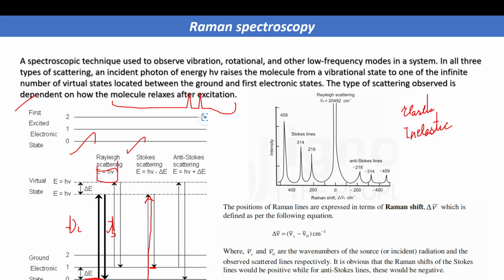Here the energy is equal to h mu minus delta E. Another type is anti-Stokes scattering, where a molecule goes to the excited state and relaxes back to a higher energy state. Here this will be mu i, and the scattered frequency will be mu s. So energy will be h mu plus delta E for anti-Stokes scattering, and h mu minus delta E for Stokes scattering.